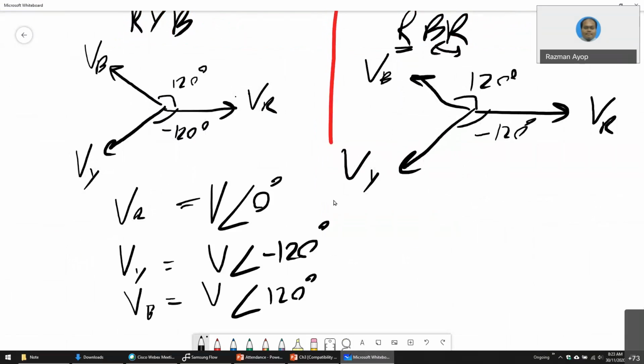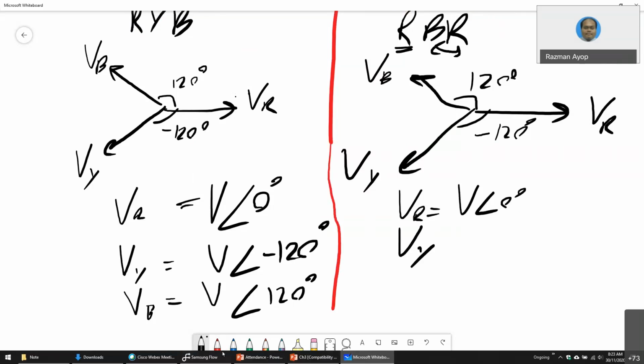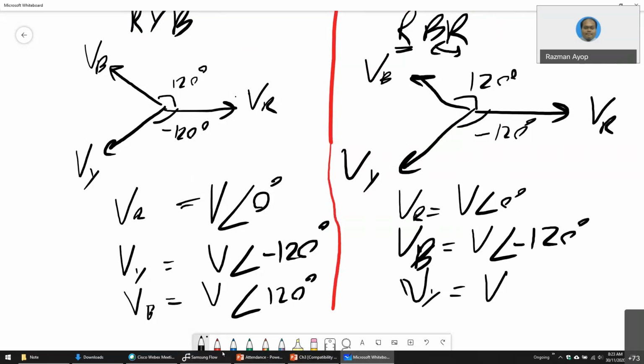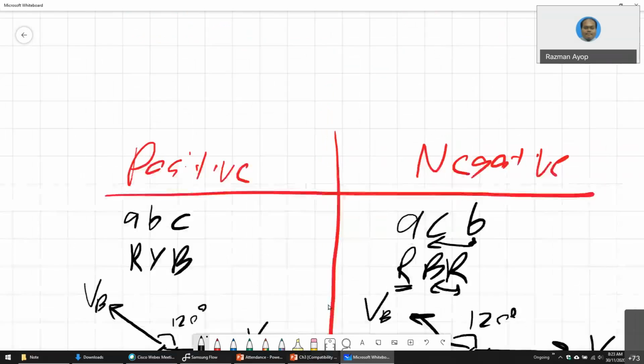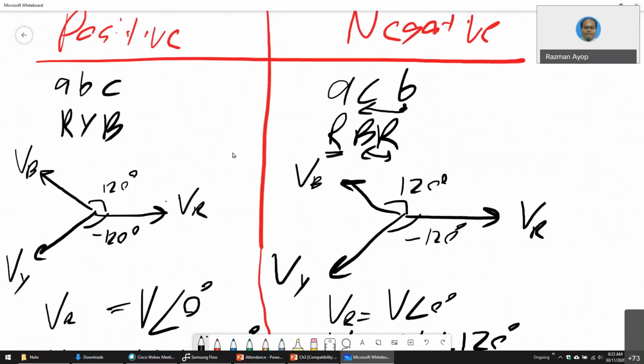For the negative sequence, VR is still the same, it is the reference, and VY and VB are swapped. You just flip this. That is the difference between positive sequence and negative sequence.